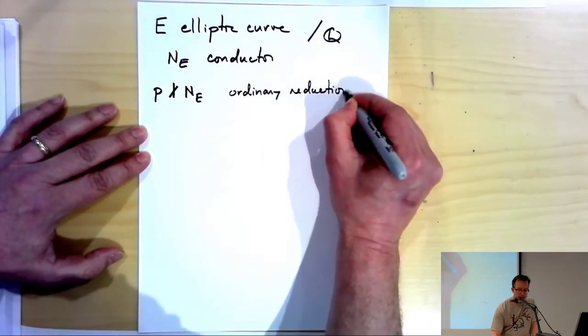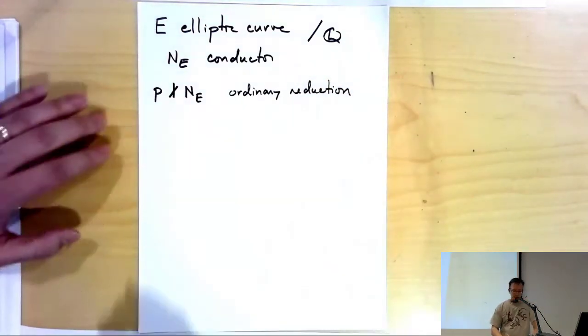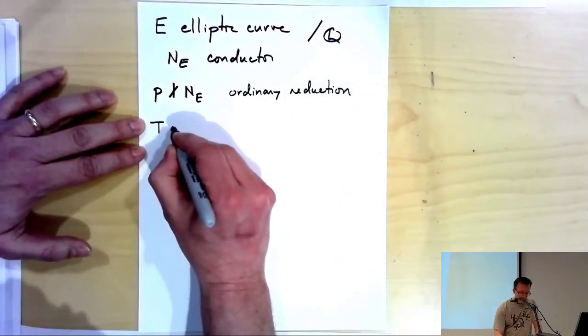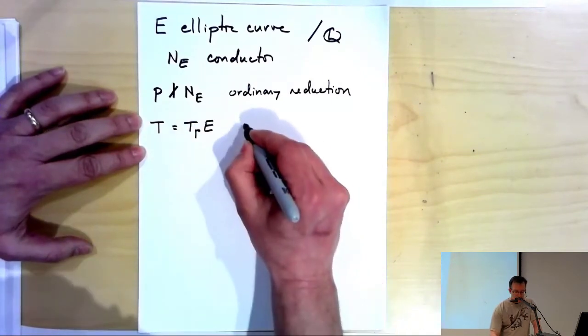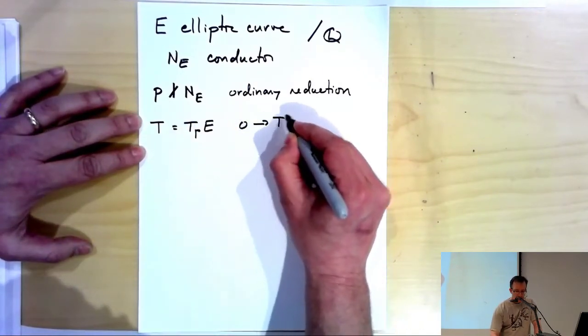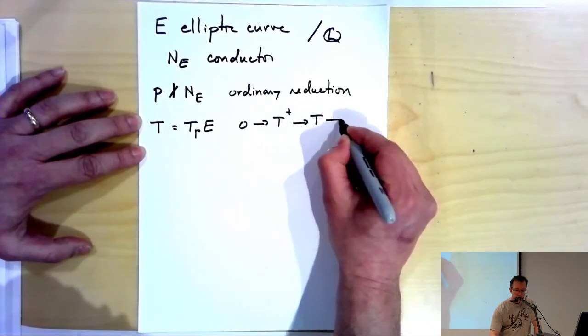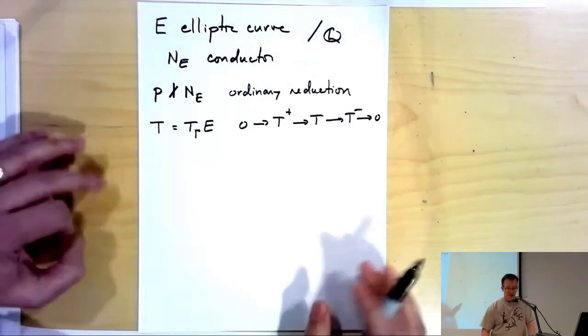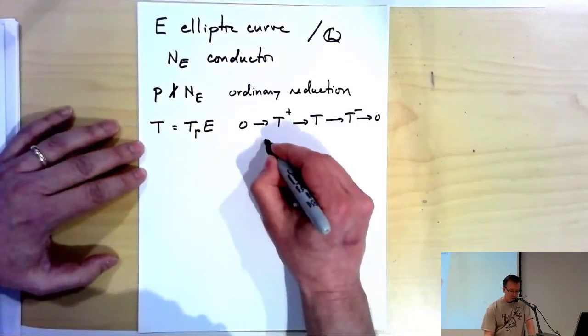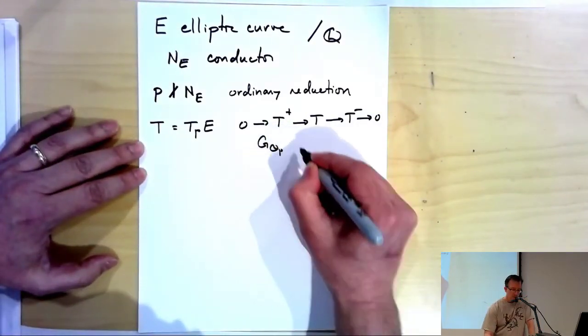And let's recall what this means. If we take T to be the Tate module of the elliptic curve, then this meant that there was a filtration on the Tate module. The most important part is the submodule, and this was a filtration for the local Galois action.